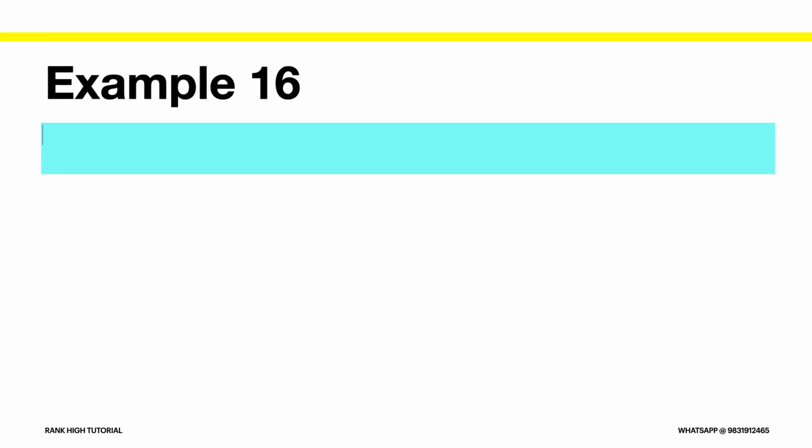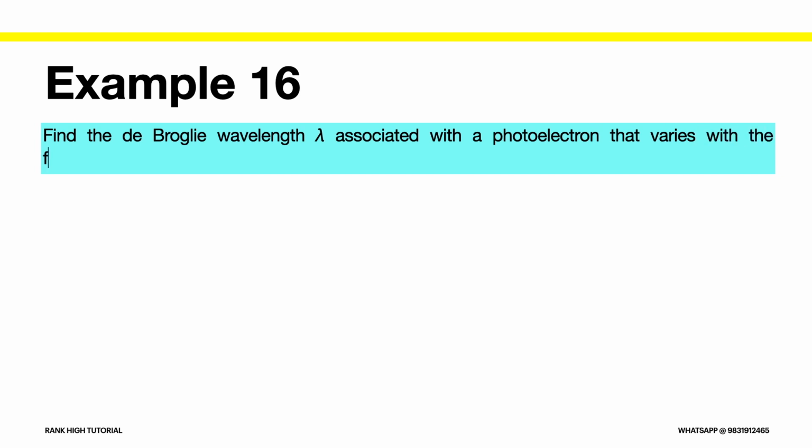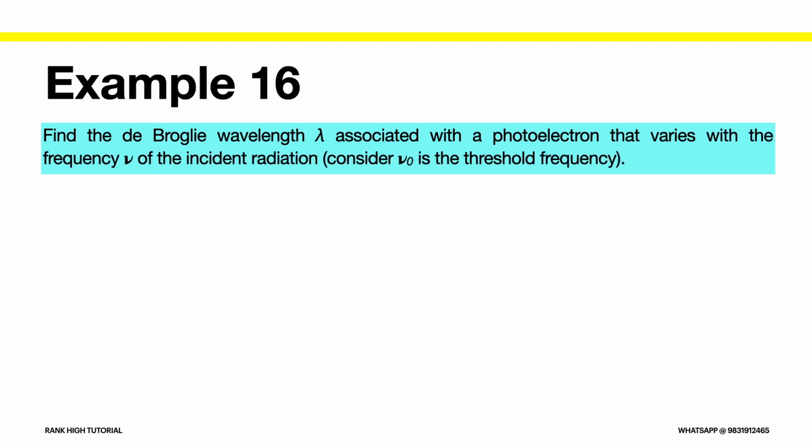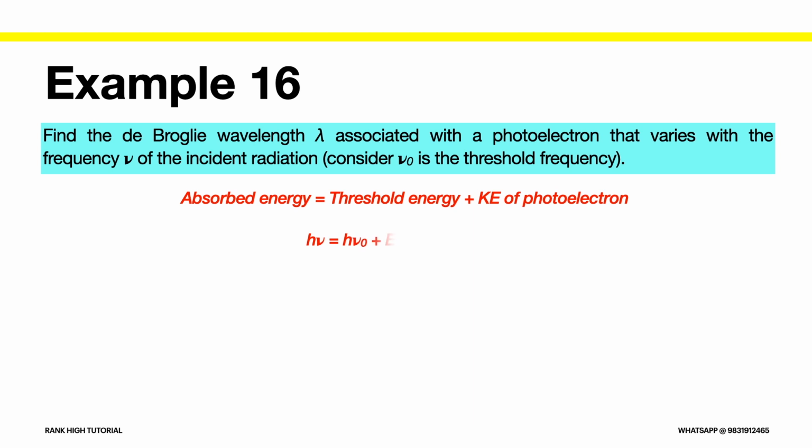Problem number 16. Find the de Broglie wavelength associated with a photoelectron and how it varies with the frequency nu of the incident radiation. Consider nu0 is the threshold frequency. We know absorbed energy equals threshold energy plus kinetic energy of photoelectron. Therefore, h nu equals h nu0 plus E, or h nu0 plus half mv square.